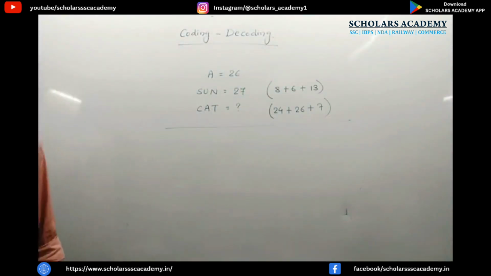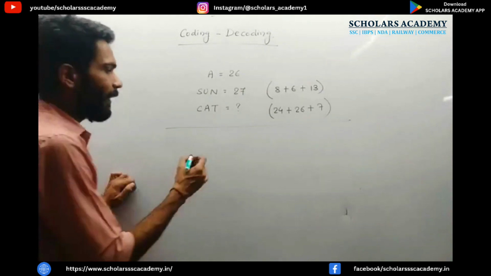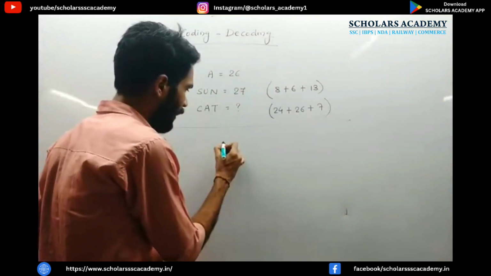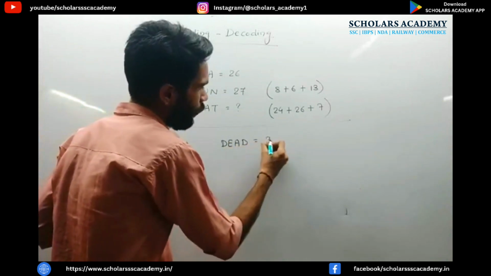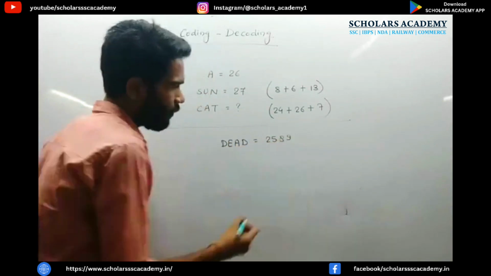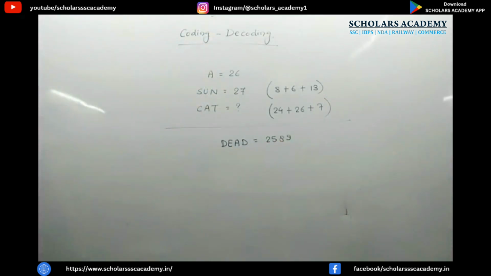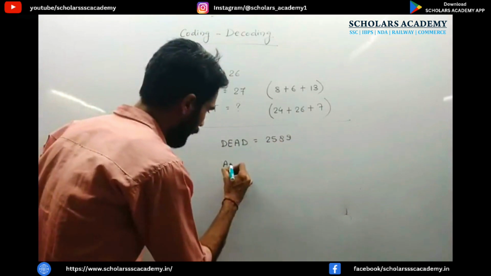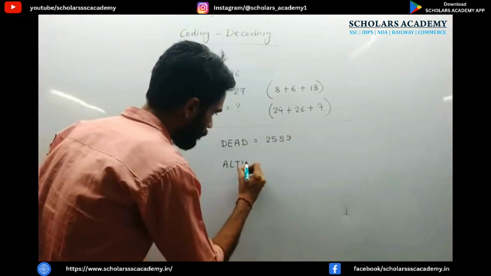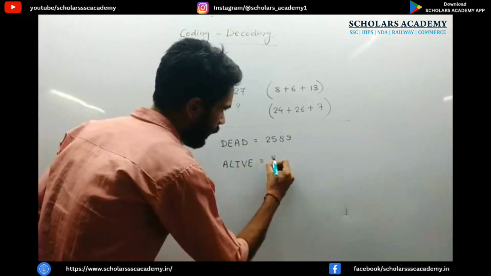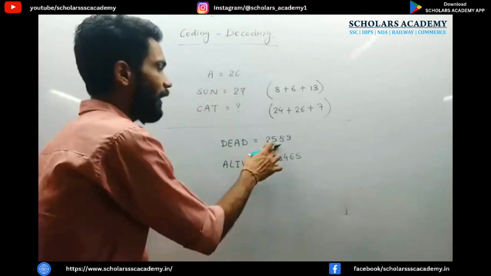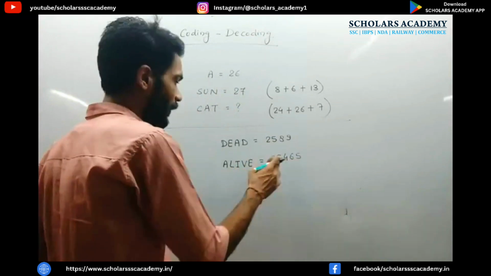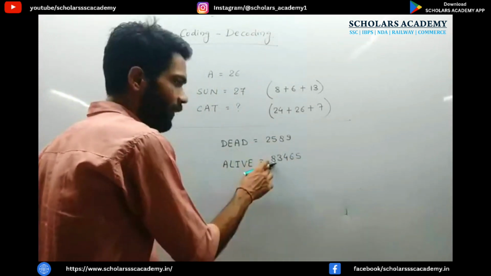Next is they have given 2589 is written as dead. So you can take it anyway. Alive is written as 83465. So once again it is justifying E being 5 here, E is again 5 here, A being 8, A is again 8.